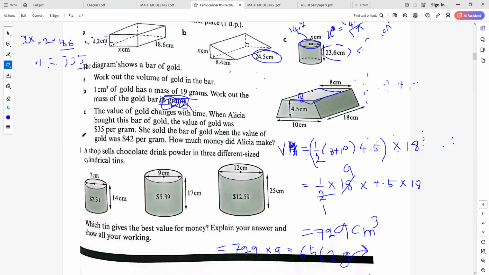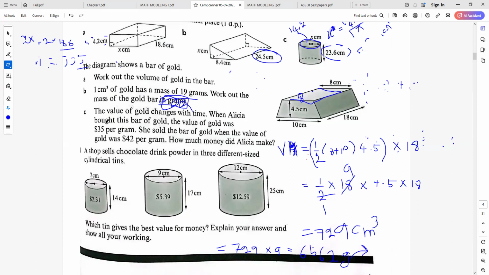When Alicia bought this bar of gold, the value of gold was $35 per gram. She sold the bar of gold when the value of gold was $42 per gram. How much money did Alicia make?